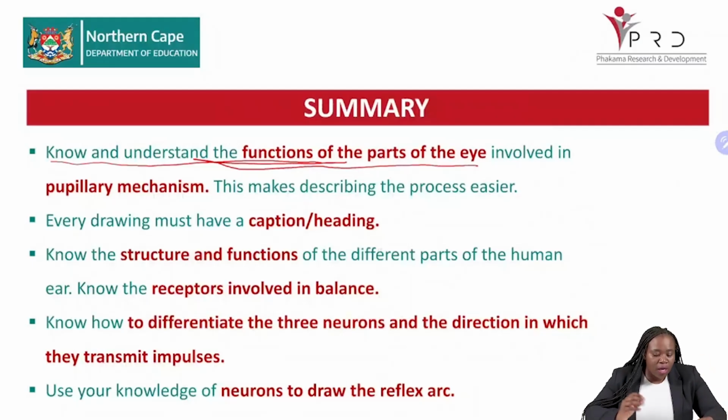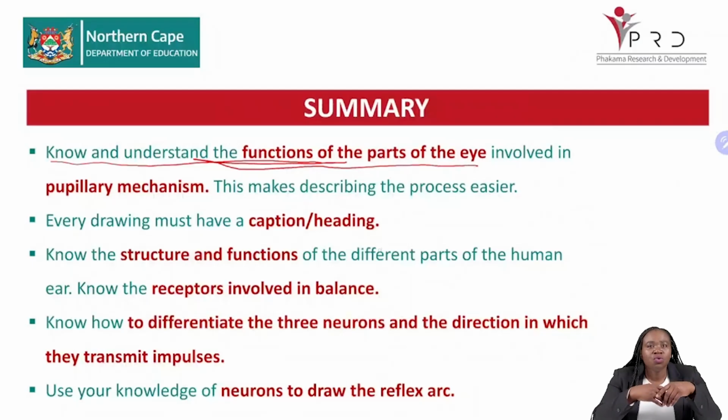Know the function. If your lens is not able to change its convexity, your eye will not be able to accommodate the different distances, meaning that this individual will either be short-sighted or far-sighted. Now, you know that this is the lens, but you don't know what it does.